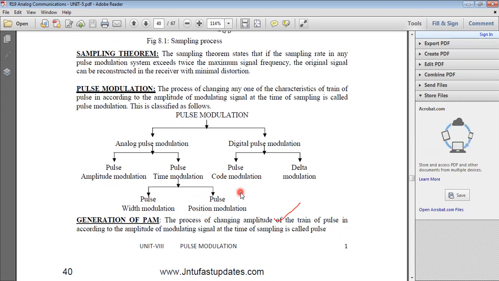Now, the first technique we decided on is PAM, generation of PAM. Not only the definition, what is PAM?